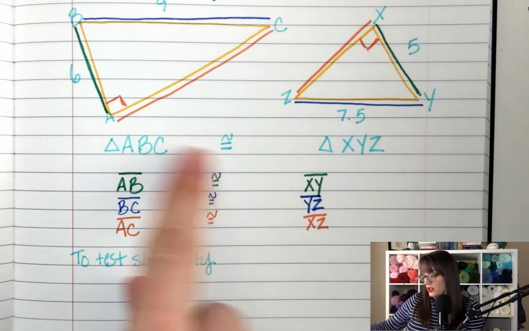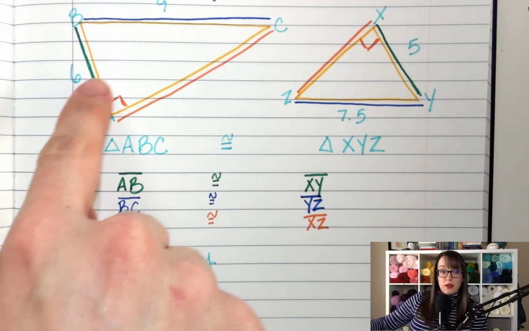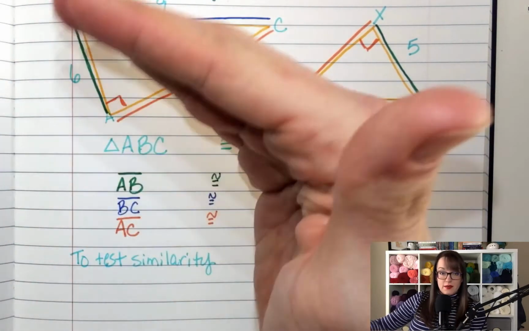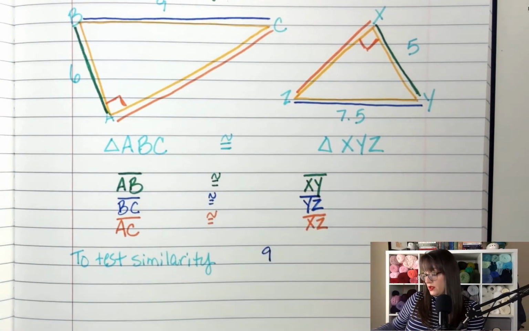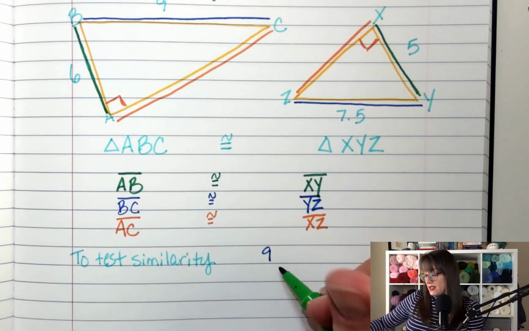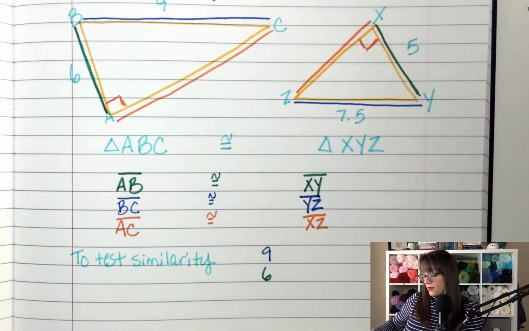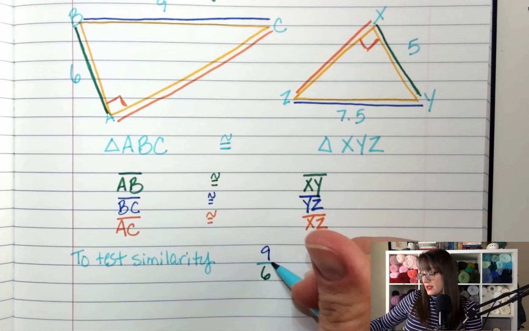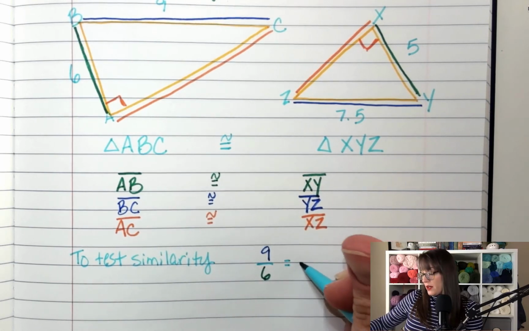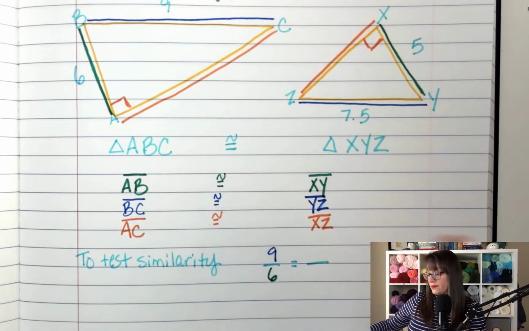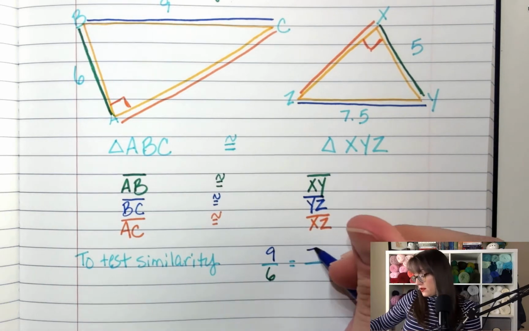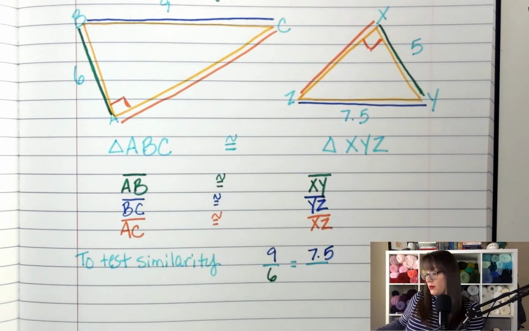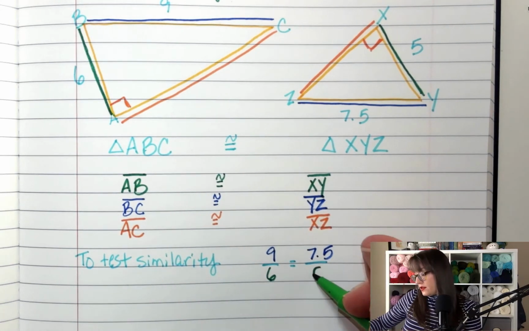So I'm going to look over here. I'm just going to put 9 over 6 because that's what it looks like. So I've got 9 is blue, 6 is green. So if I do 9 over 6, what number is going to go on top over here? 7.5. And what number is going to go on the bottom? 5.